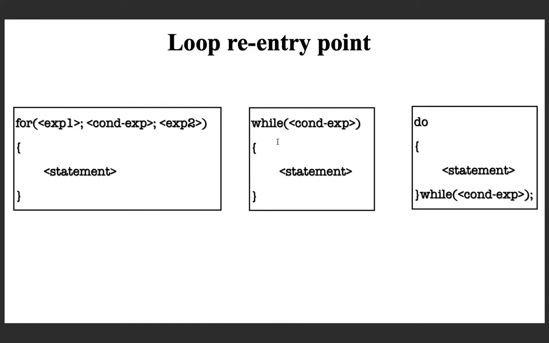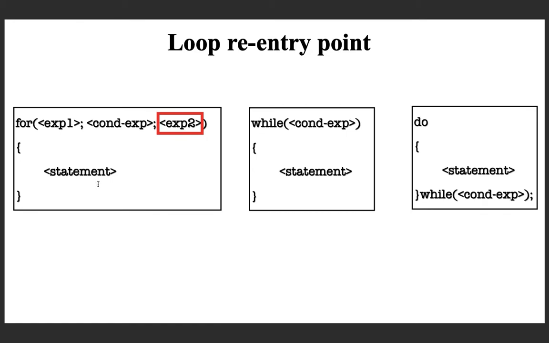Now we need to define what is the loop re-entry point. So these are the three loop statements that we have in the C programming language: for, while, and do while. For the for statement, this is the loop re-entry point.